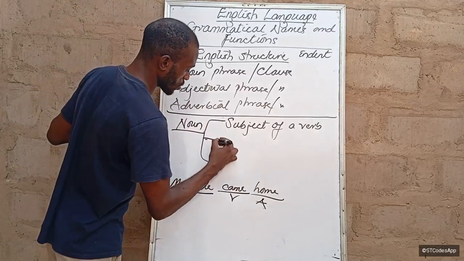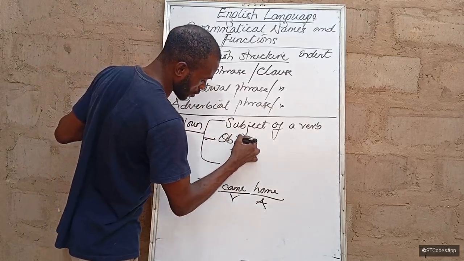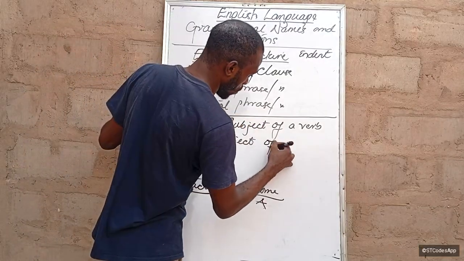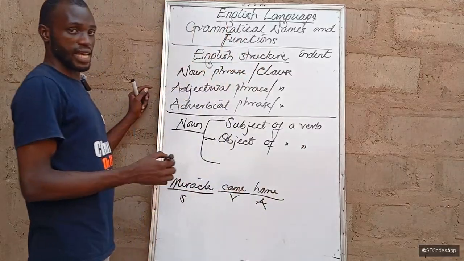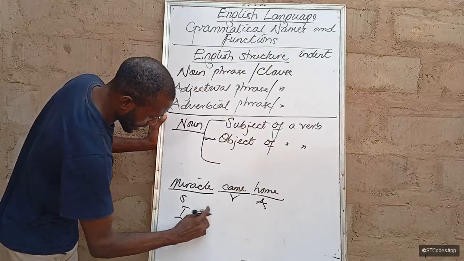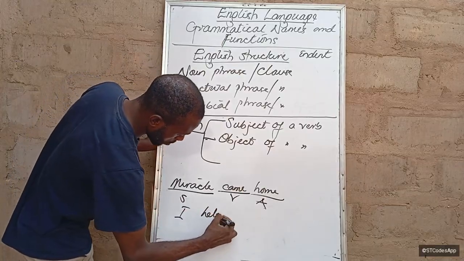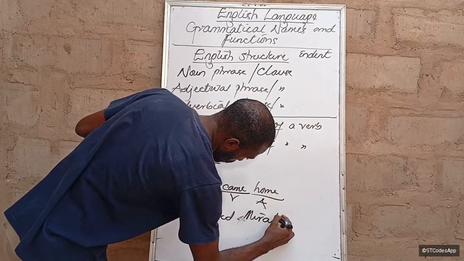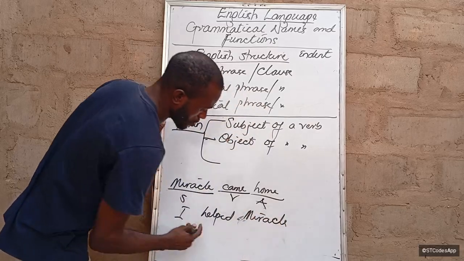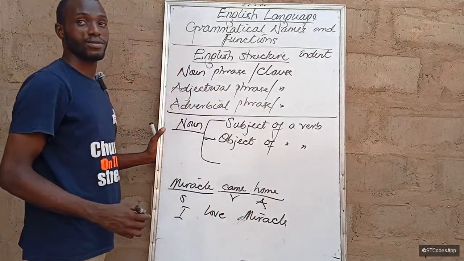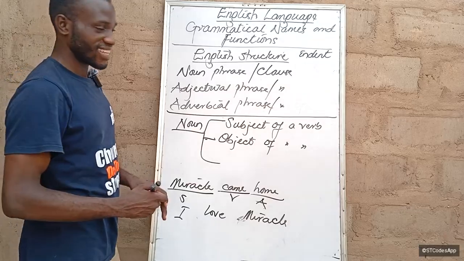Now another important function it performs is that a noun also acts as the object of a verb. Yes. So for example, if I say "I helped Miracle," or I say "I like Miracle," let me use like, or "I love Miracle," for example.